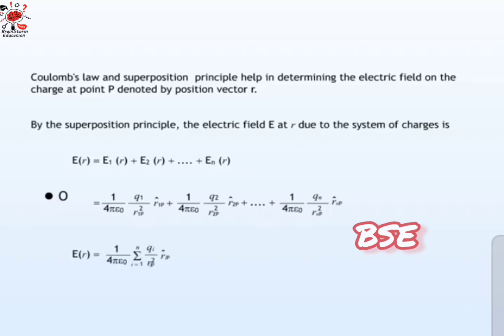This can be written in a short form as E(r) = 1/(4πε₀) summation of qi/riP² × r̂iP, from i equal to 1 to n.